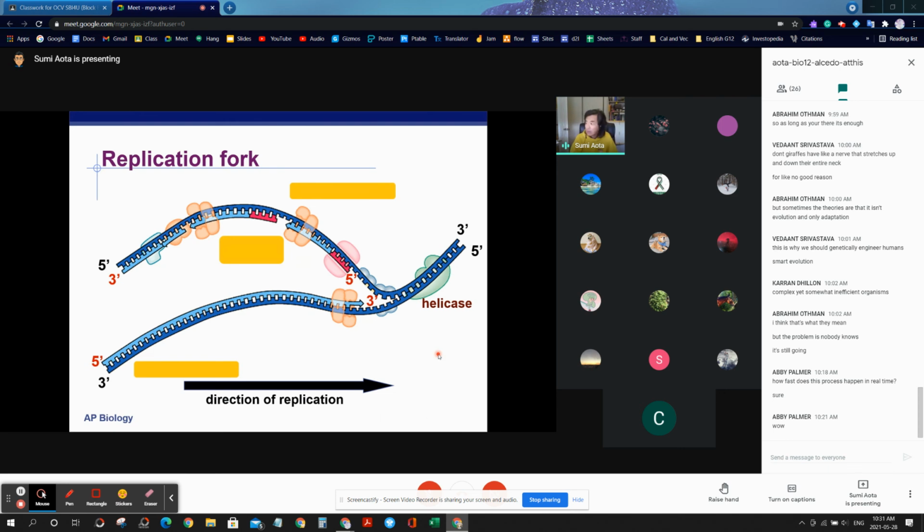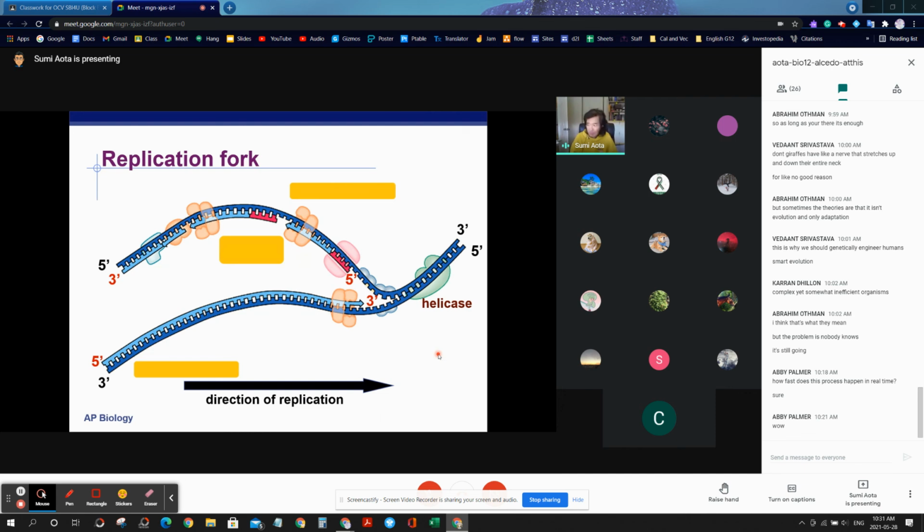The little round light blue circles are single-stranded binding proteins. In pink are the primase enzyme.